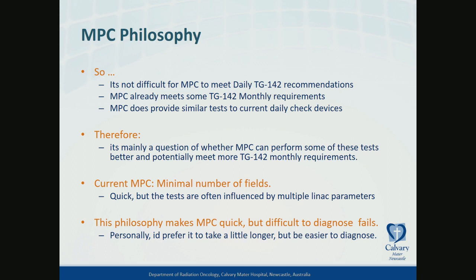And the problem with this is it makes fails a little bit difficult to diagnose. And personally, I'd prefer MPC to take a little bit longer to perform, but give me tests that I can much more easily diagnose and which I'm much more comfortable with in comparison with my other standard QA devices.